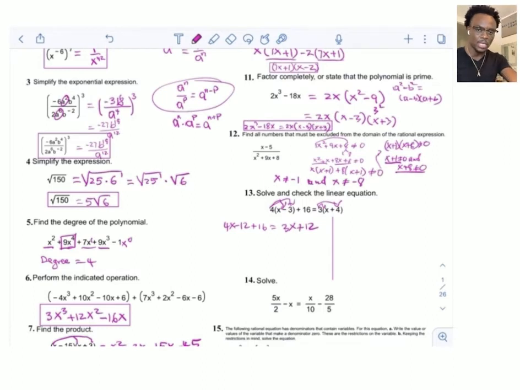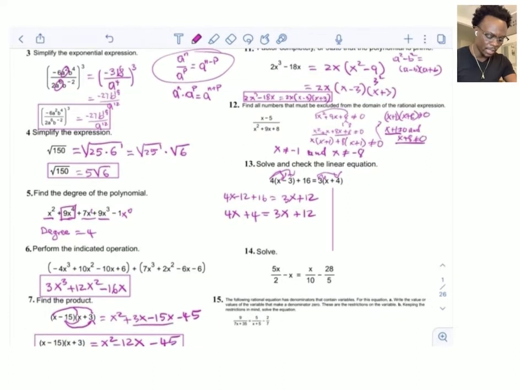Combine like terms on each side. 4x plus 4 equals 3x plus 12. If we subtract 3x on both sides, that's x. And we subtract 4 on both sides, that equals 8. So x equals 8 is your solution. You can check it to verify the answer.